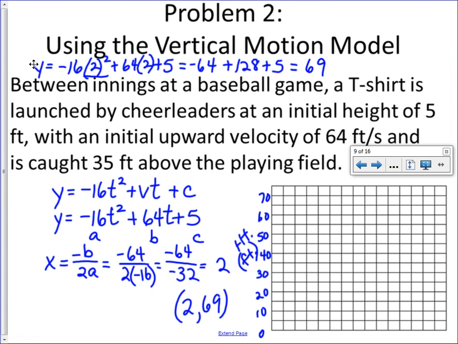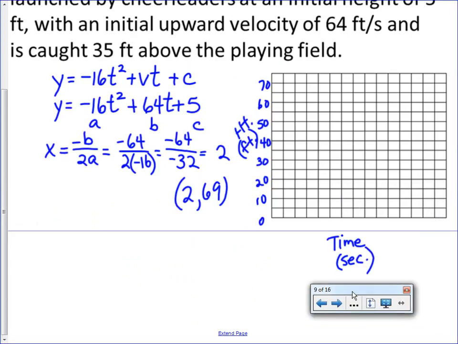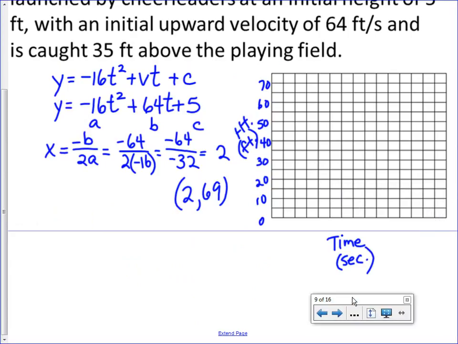And then across the bottom, we're going to have our time in seconds. I'm going to put 1 here, 2 here. All right, so we know our initial height is 5. Let me put this in red. There's where they shoot the t-shirt from.